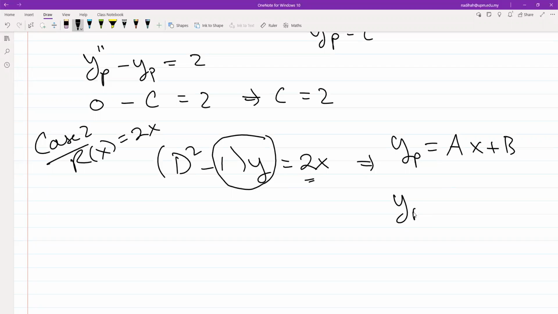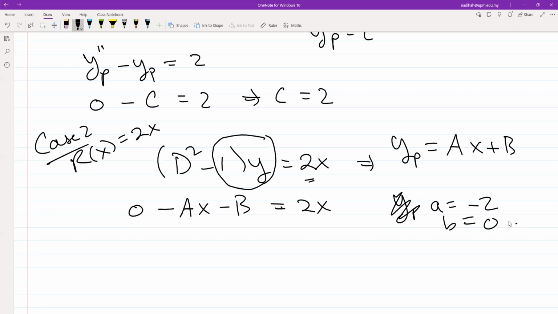So saya kata yp sama dengan yang ni. So, masukkan balik, saya akan dapat second derivatives adalah kosong minus y minus ax minus b equals to 2x. So in that case, a sama dengan berapa? A equals to minus 2 and then b equals to kosong.